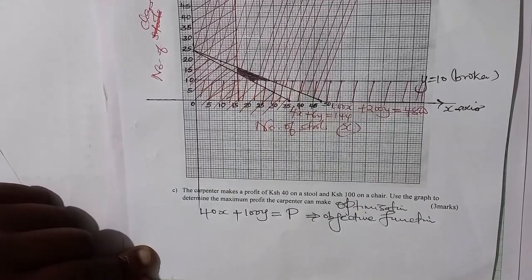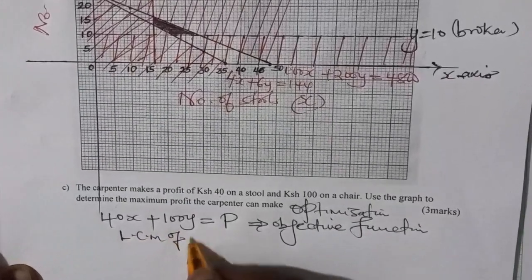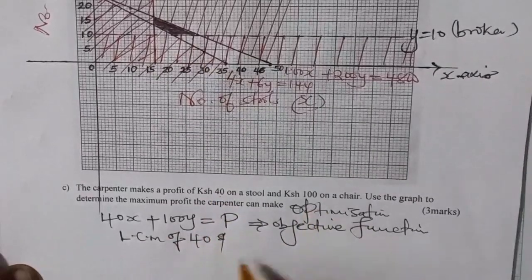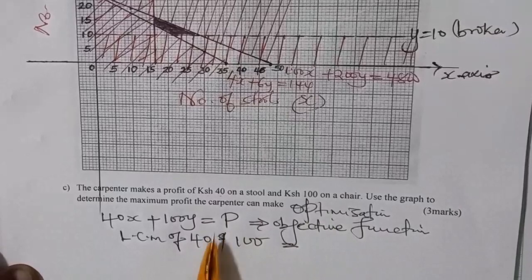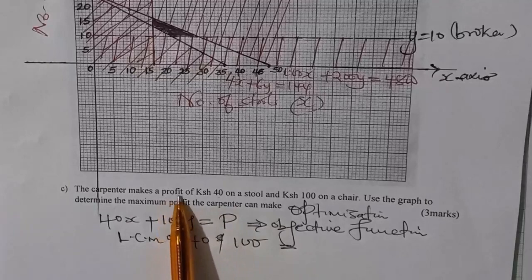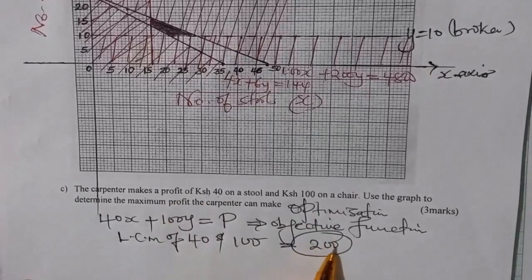To use a search line, we get the LCM of 40 and 100, the profits for the stool and the chair. The LCM of 40 and 100 is 200.